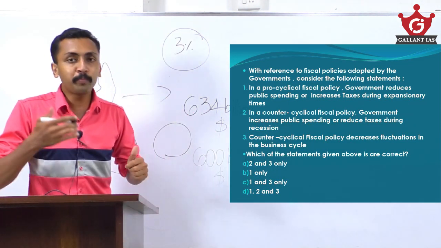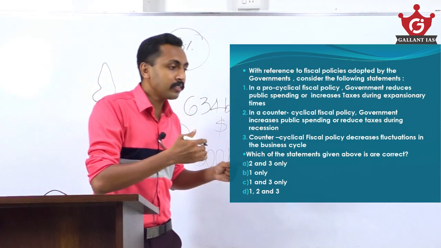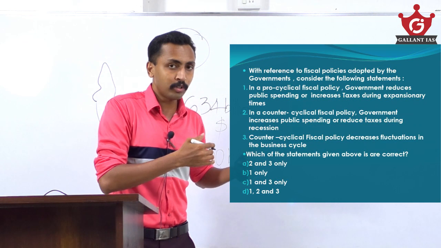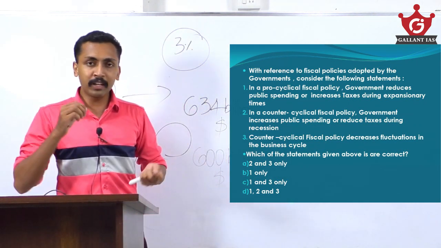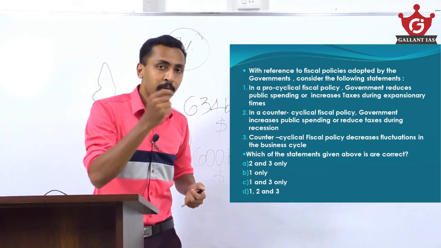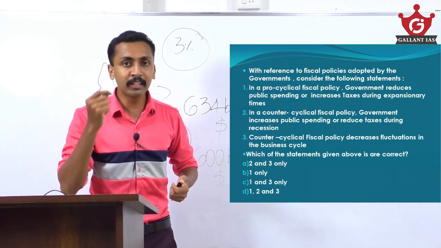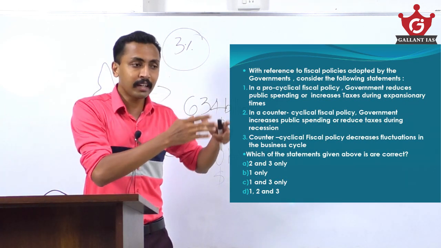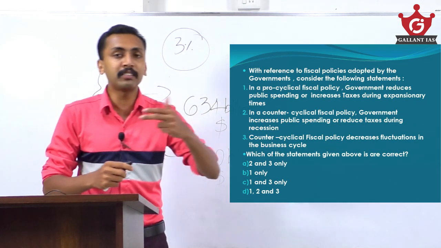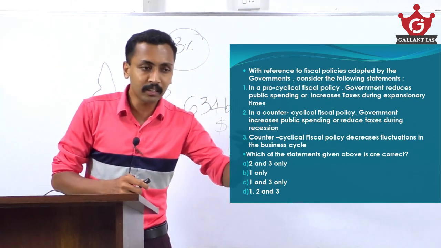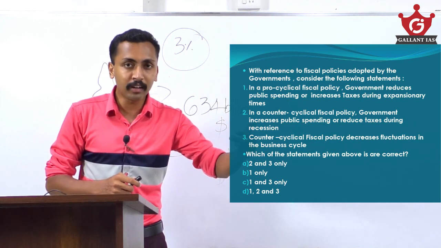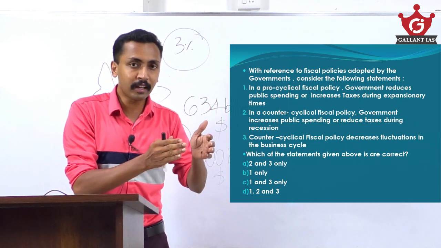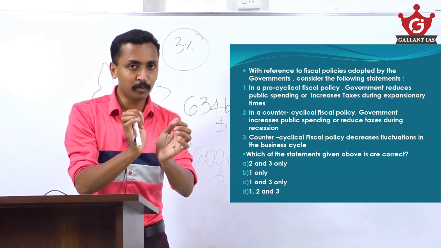And in a boom period, in pro-cyclical fiscal policy, what does the government do? Normally in a boom period, there will be increased economic activities, increased spending, increased investment, increased demand. The government also works like the economy, increasing its spending, investment and demand, even in expansionary time. That is pro-cyclical fiscal policy.